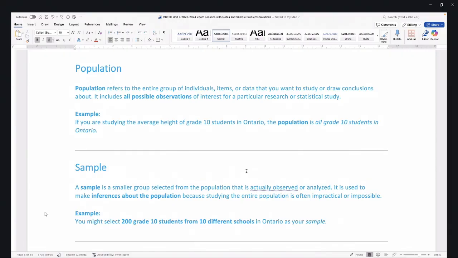You notice anything a population could be. So a population refers to the entire group of individuals, items, or data that you want to study or draw conclusions about. Usually when we study something, we're studying so we can draw a conclusion or make an inference.